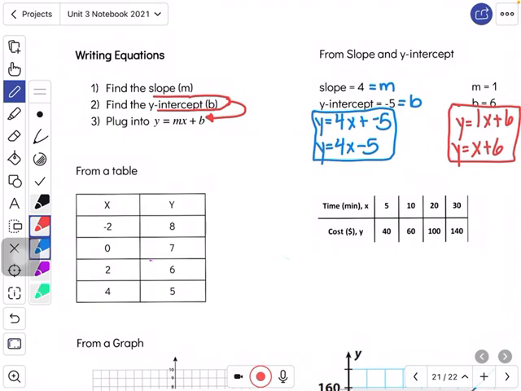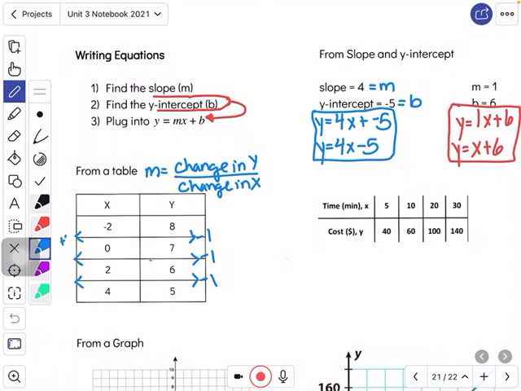From a table, we need to remember that slope is equal to the change in y divided by the change in x, and the same idea. So 8 to 7 to 6 to 5 is -1, -2 to 0 to 2 to 4 is +2.